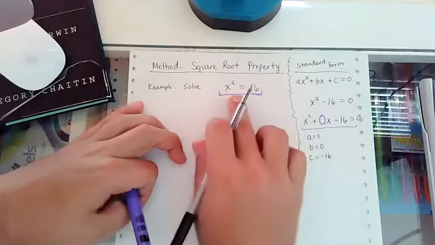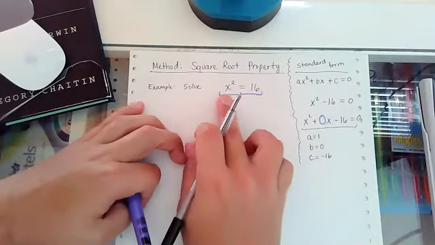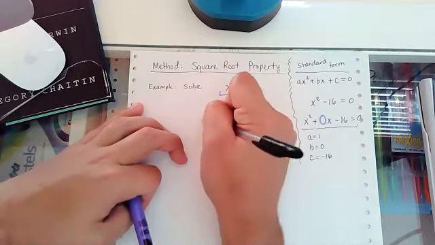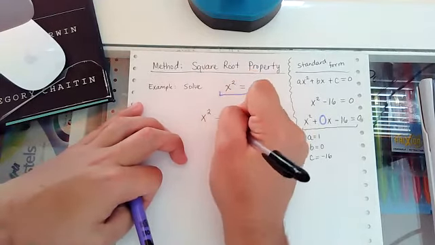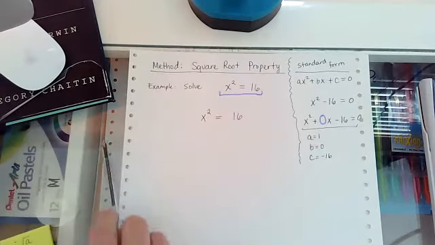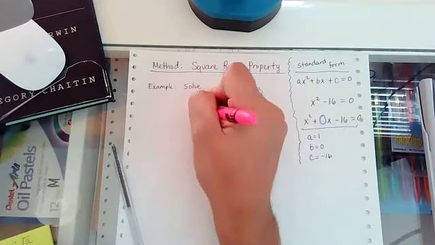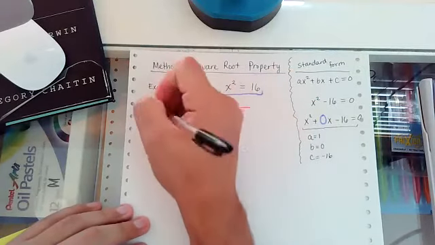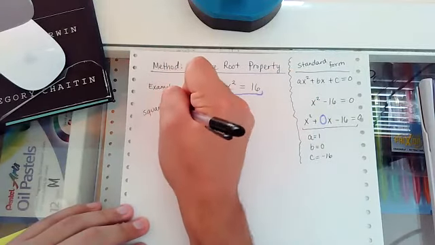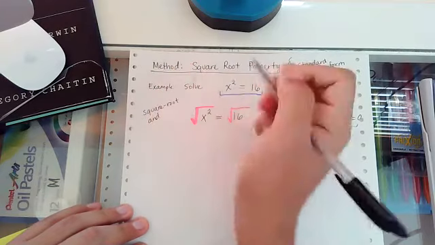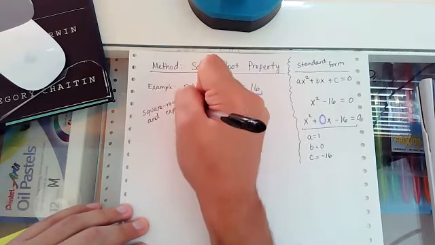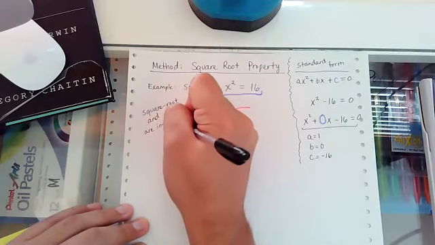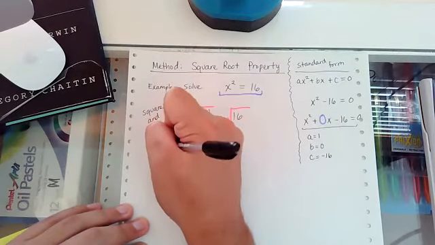So if we have a quadratic and it's not in standard form, but it sort of looks like we can just use the square root property here, then that's what we'll do. It's going to be a way easier method for solving this. So what I'll do is just take the square root of both sides. Again, the reason why we're doing this is because the square root and the square, so the exponent 2, are inverses and cancel.